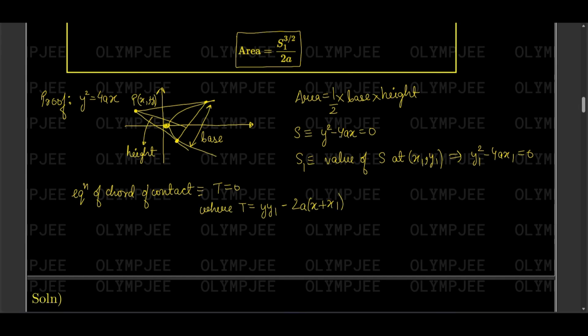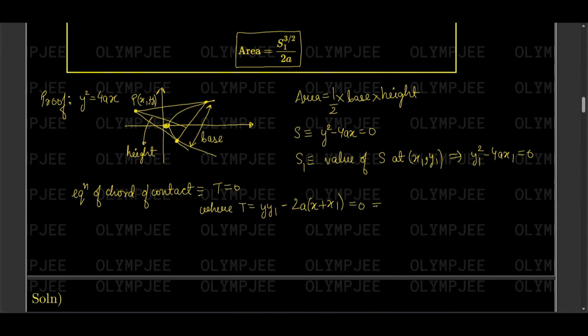How we transform this to this is that wherever we have a variable which has a square, we write it as y and y1. And wherever we have power of 1, we write it as x plus x1 by 2. So that 2 got cancelled with the 4, so this became 2. This is a very general formula. You must have read it when you were doing the theory for parabola. So this is equal to 0, and this gives us the equation of this line.